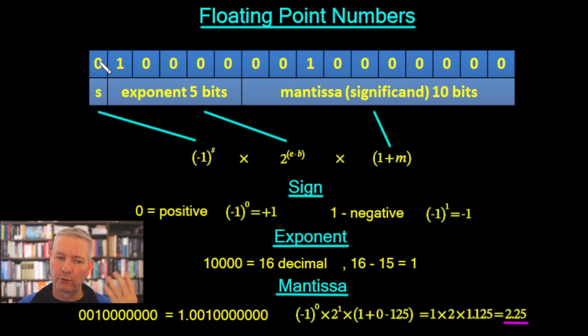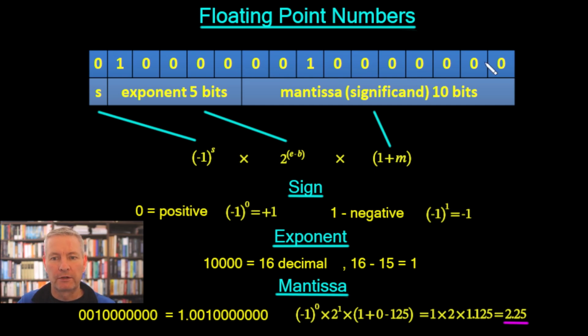The sign is obvious. The exponent range tells you whereabouts in the number line you are. Are you between 1 and 2, 2 and 4, 4 and 8, 8 and 16, and so on. And then this number here for the significance tells you whereabouts within that range your number is.